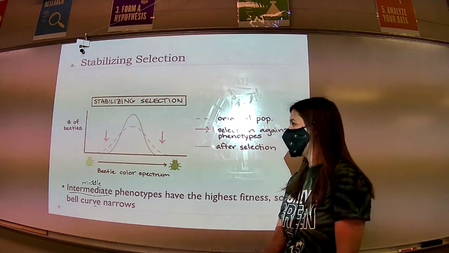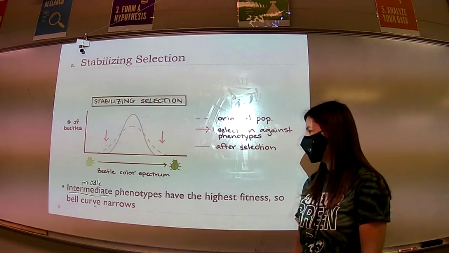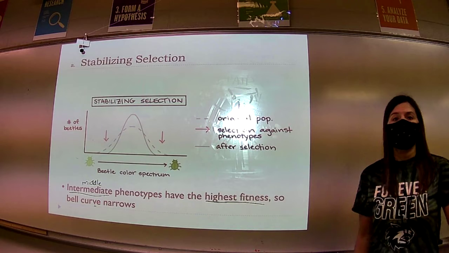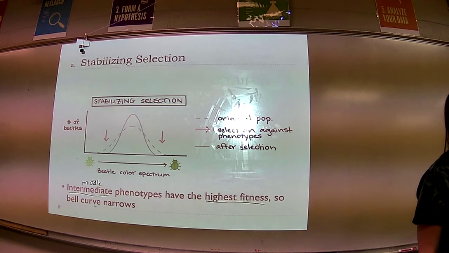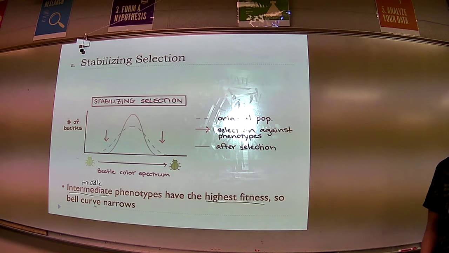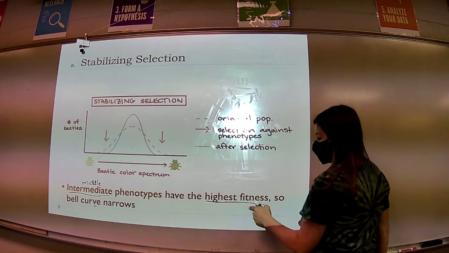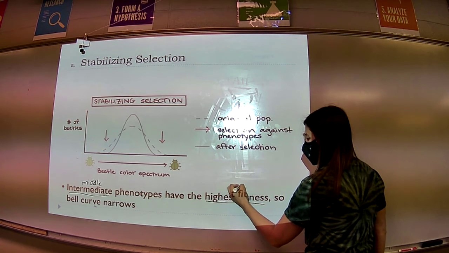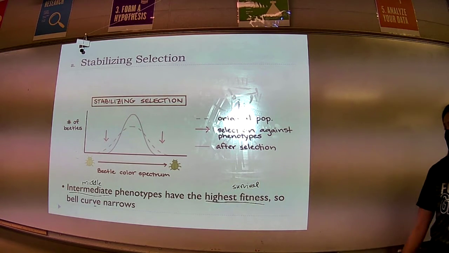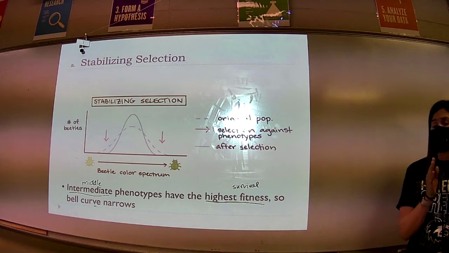So the phenotypes in the middle have the highest fitness. Now, what do I mean by highest fitness? Highest rates of what? Survival. So the highest survival is in the middle.